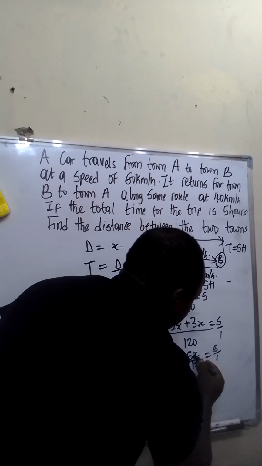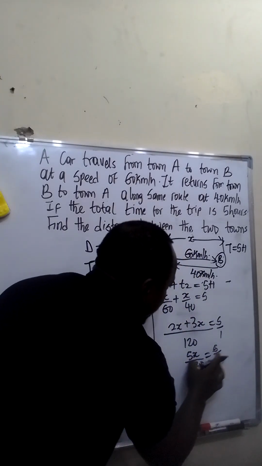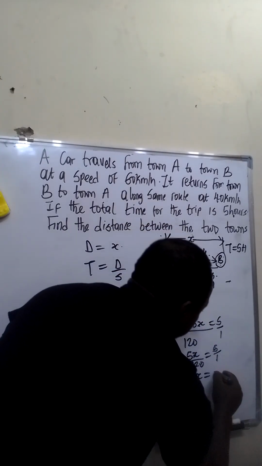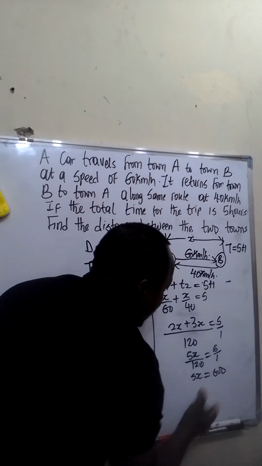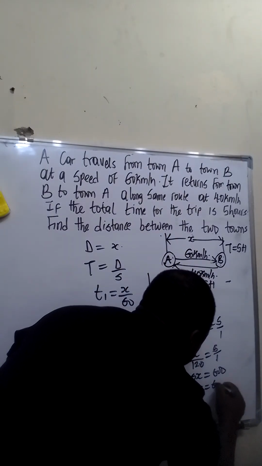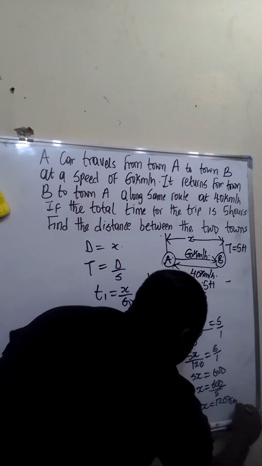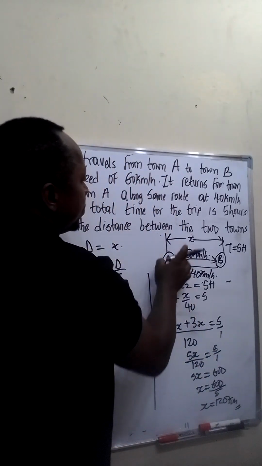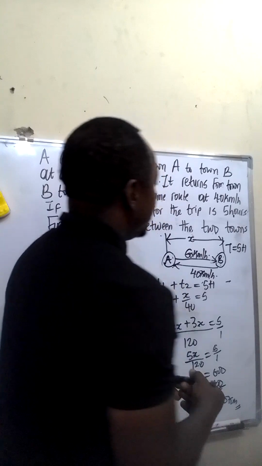So this will become 5x times 1 is 5x, equal to 120 times 5 is 600. If we divide both sides by 5, we are going to get the value of x. So x is equal to 600 divided by 5. So our x will be equal to 120 kilometers. So the distance between A and B is 120 kilometers.